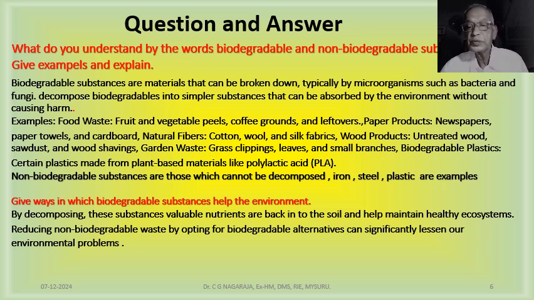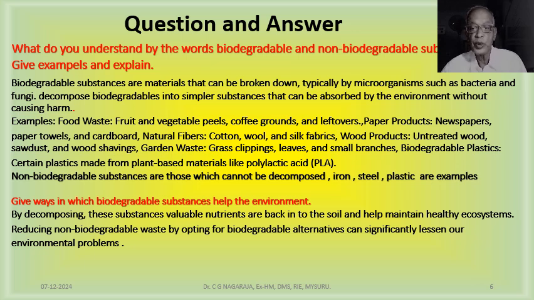What do you understand by the words biodegradable and non-biodegradable substances? Give examples for each one of them. Biodegradable substances are materials that can be broken down, typically by microorganisms such as bacteria and fungi, into simpler substances that can be absorbed by the environment without causing harm.